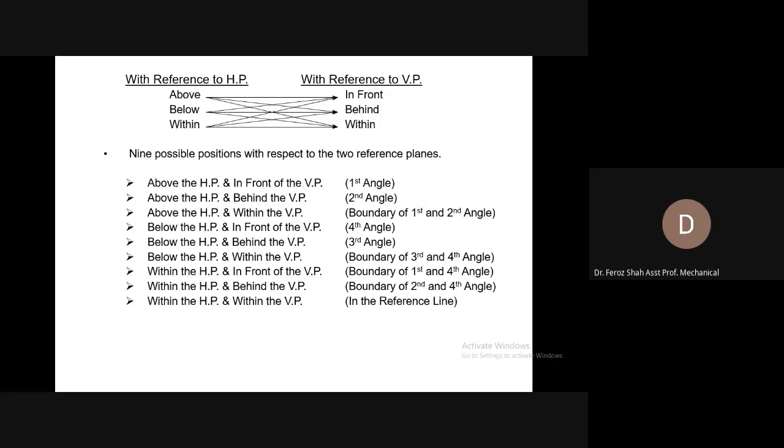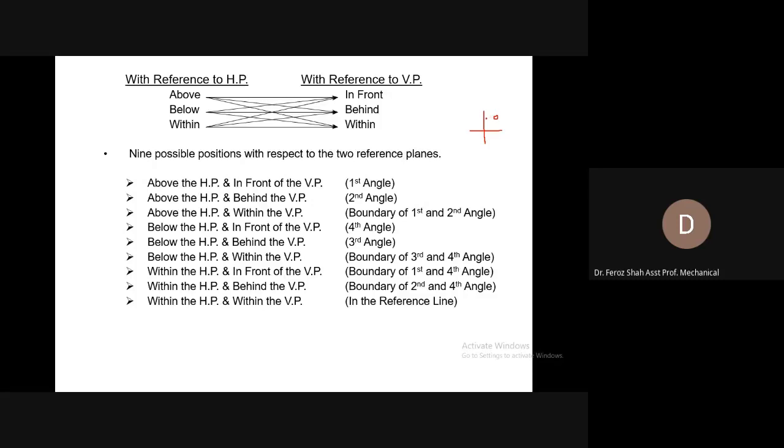The first position is above the horizontal plane and in front of the vertical plane. Let me draw the first case, when the point is above the horizontal plane and in front of the vertical plane.